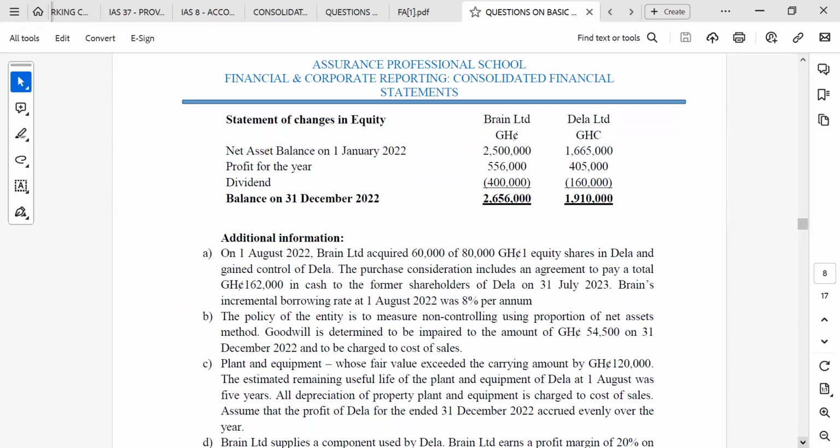Goodwill is determined to be impaired to the amount of 54,500 on 31st December 2022 and to be charged to cost of sales.